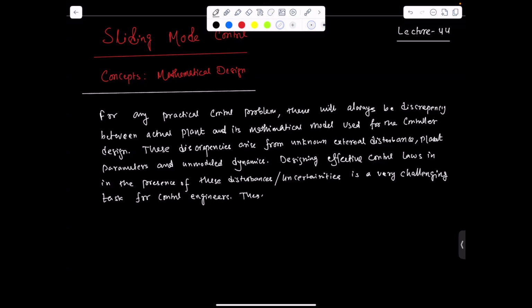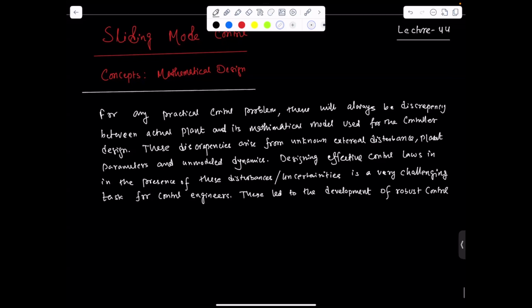This led to a development of robust control methods, and one such method is the sliding mode control technique.